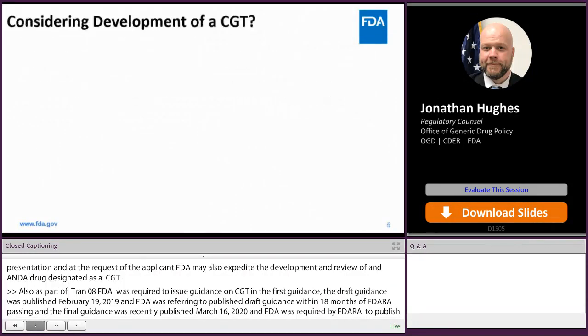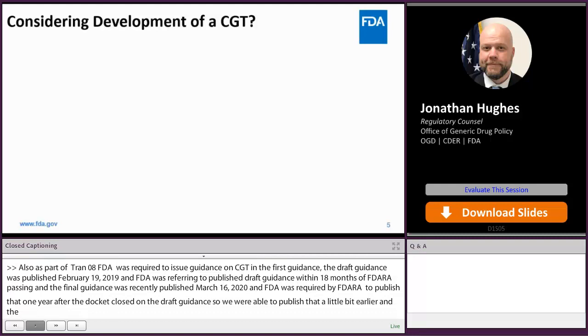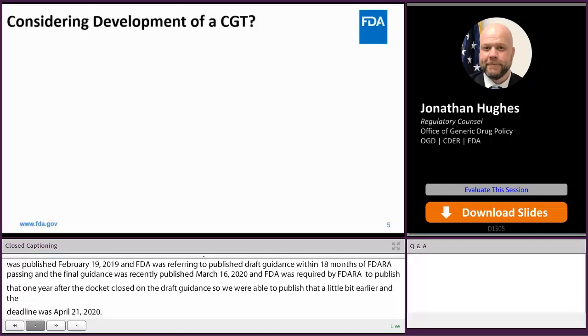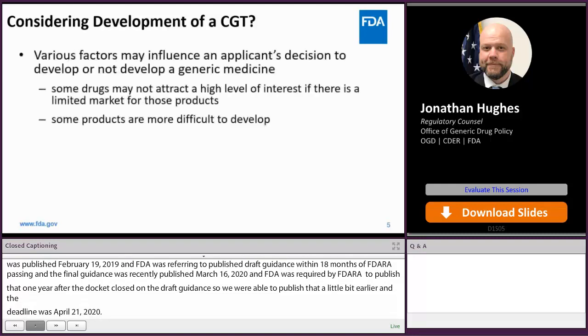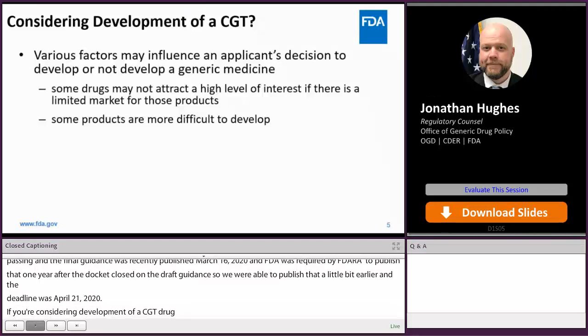So if you're considering development of a CGT drug product, various factors may influence your decision to develop or not develop a particular generic medicine. Obviously, some drugs may not attract much interest because there's a potentially limited market for those products. And naturally, some products are also more difficult to develop.